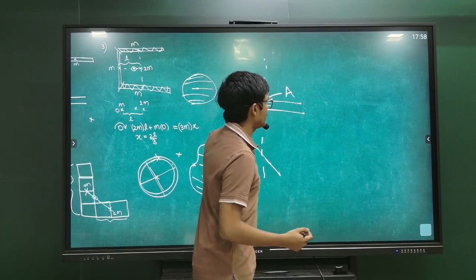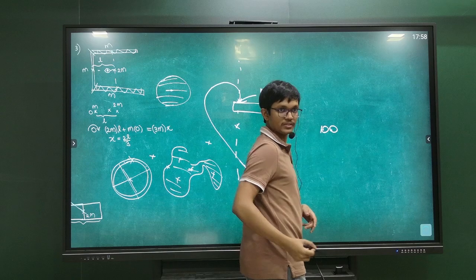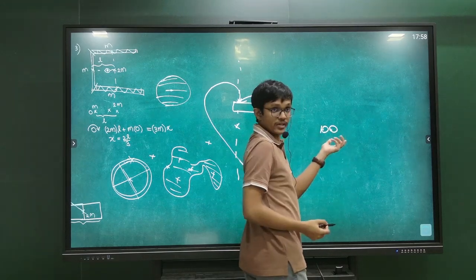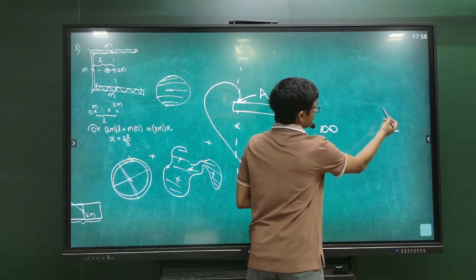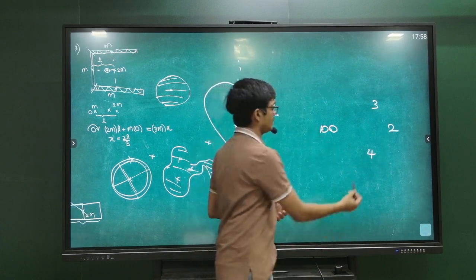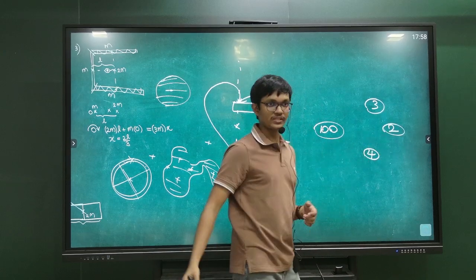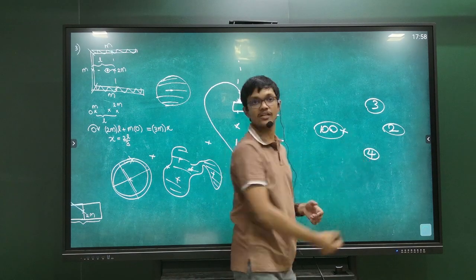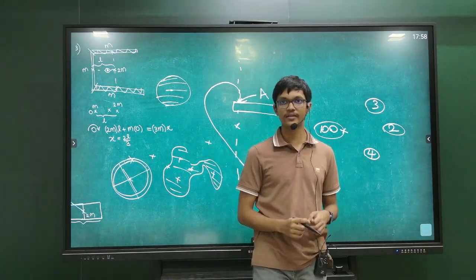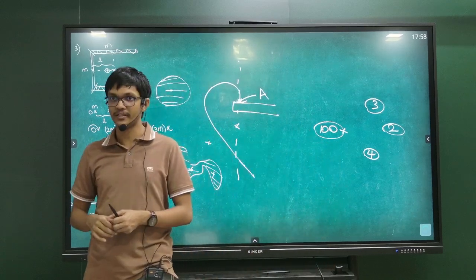If you have a system where 100 kilograms is here, 2 kilograms here, 3 kilograms here, 4 kilograms here, the center of gravity of this system will be really close to 100 kilograms, right? So center of gravity moves towards the higher weight.